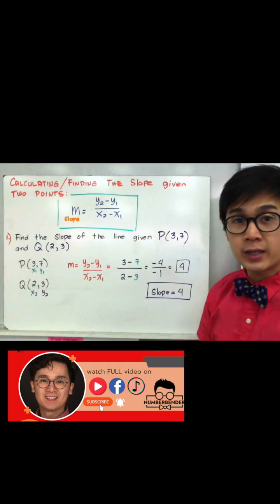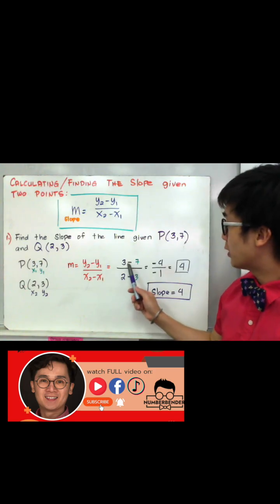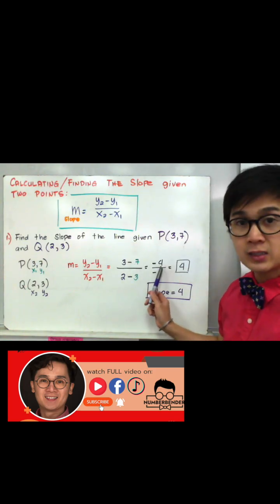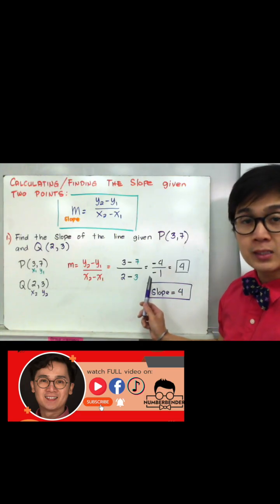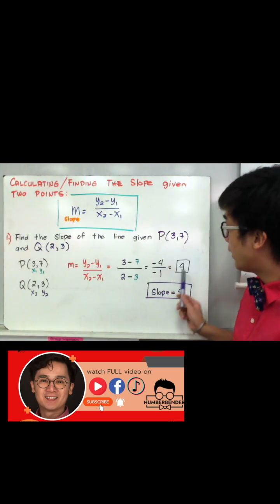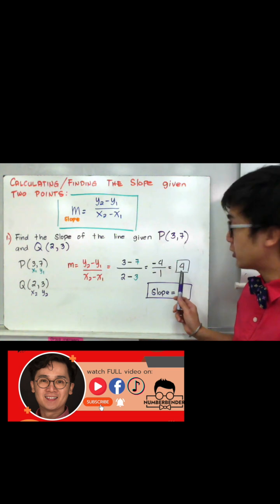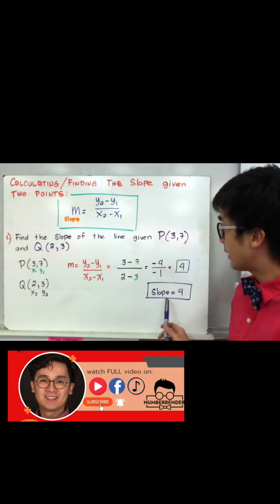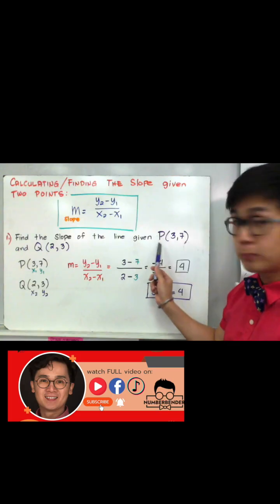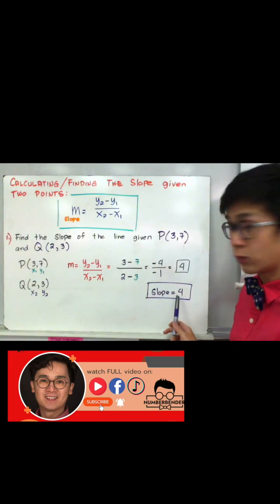And by simplifying your expression, the numerator will be 3 minus 7, which gives you negative 4, and 2 minus 3 will give you negative 1. And by simplifying your fraction, you'll have positive 4 as your answer because 2 negatives make a positive. So the slope of this line given 2 points, point P and point Q, is equal to 4.